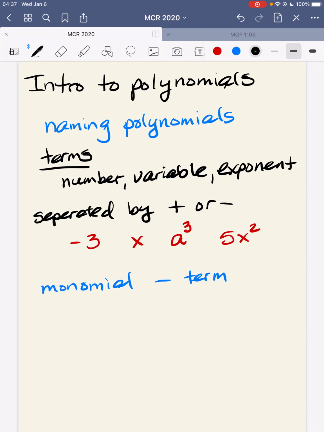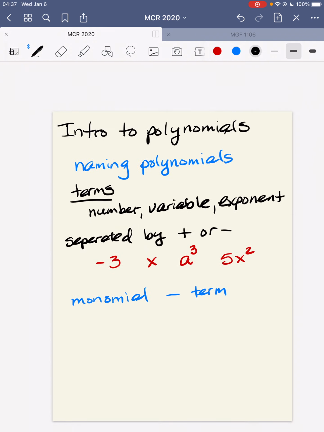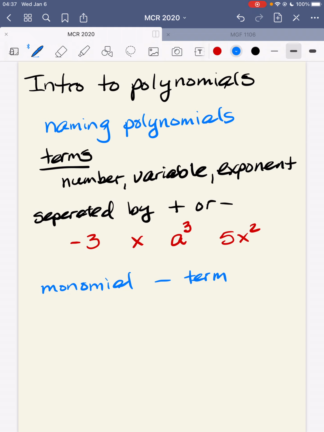Then we have, sorry guys, binomials. And these are two terms. So something like x squared plus 2, where x squared is one term, 2 is another term, and they are separated by, in this case, addition.